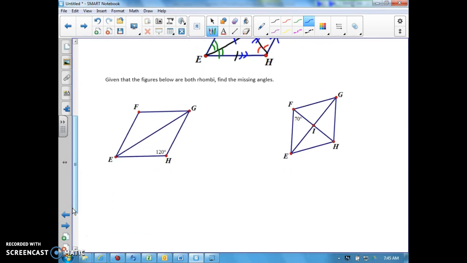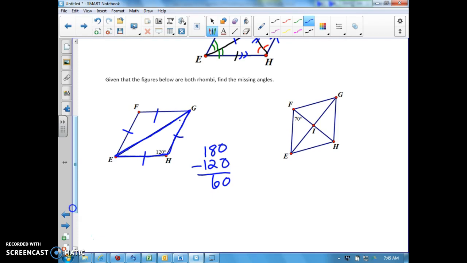So now, given the figures below, find all the missing angles. Well, real quick, if this is a rhombus, those sides are congruent. So looking just at this triangle here, that's an isosceles triangle. So I know that this angle and this angle have to be the same thing. So if I do 180 minus 120, I get 60 degrees.